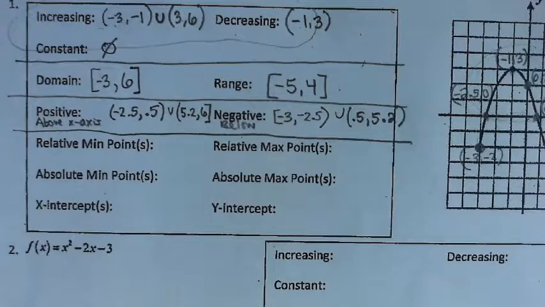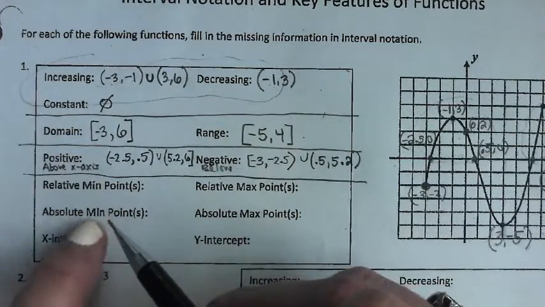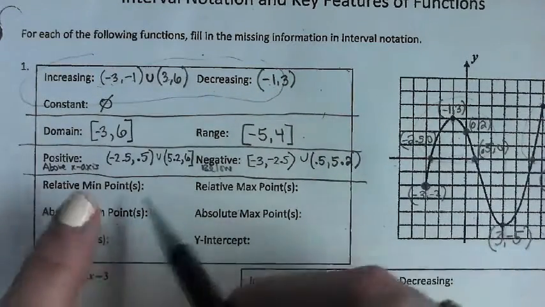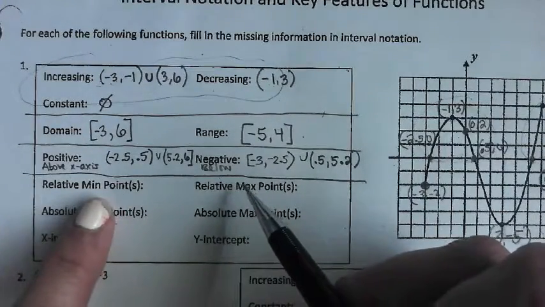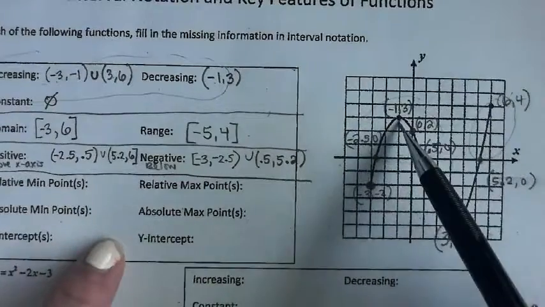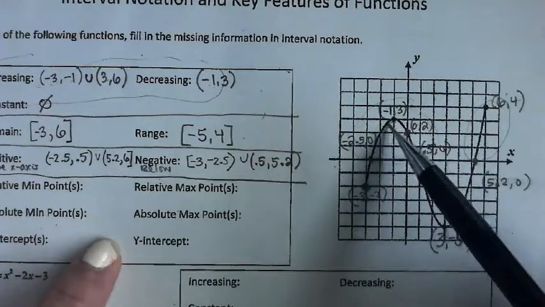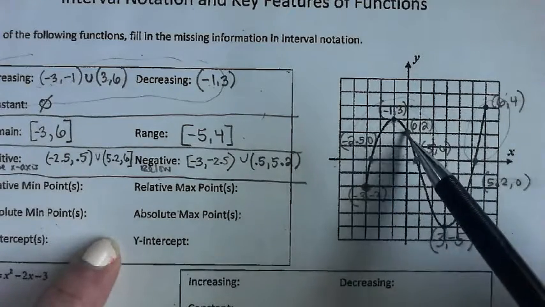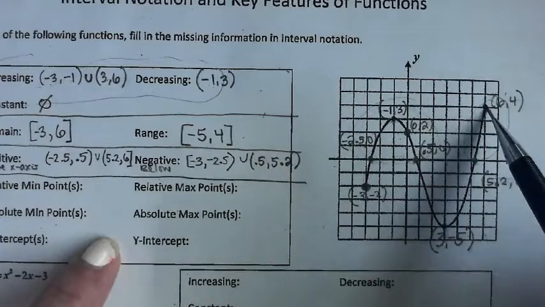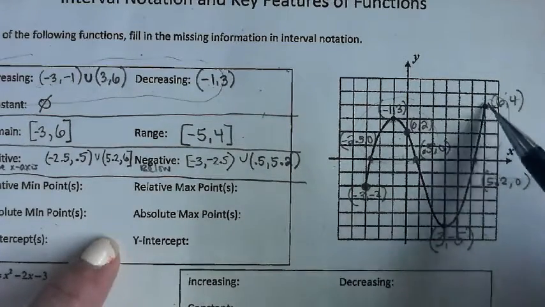Relative minimum points. Okay? Relative minimums and relative maximums are going to be different than absolute min and absolute max. Relative means it's kind of a turnaround point. Meaning this one. That's a relative maximum, because relative to the points on the left and relative to the points on the right, it's a relative maximum. This one is not a relative maximum because it has no points to the right of it that turned around.